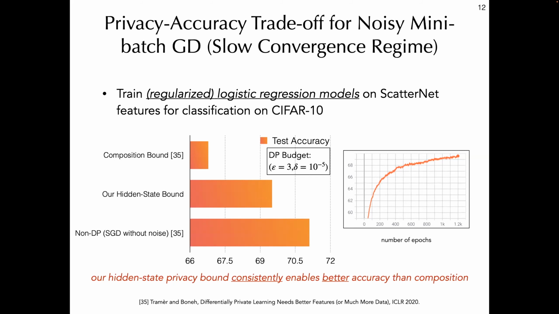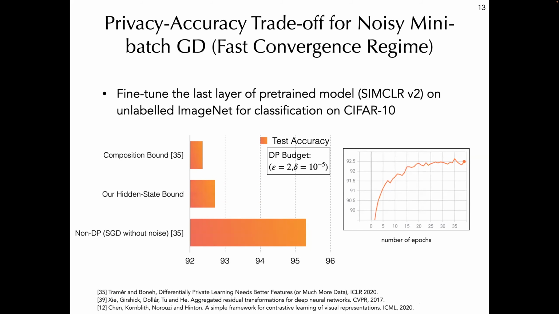Meanwhile, we also did experiments for an alternative setting where the learning task converges rather quickly. It is the transfer learning scenario where we fine-tune the last layer of a pre-trained model on CIFAR-10. So the pre-trained model is trained on a different data set.